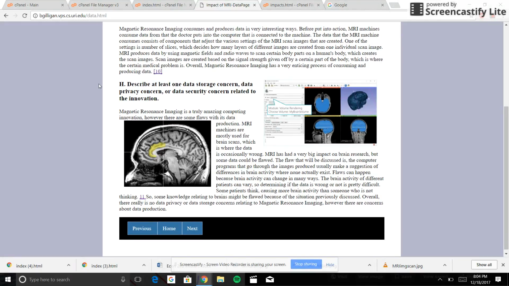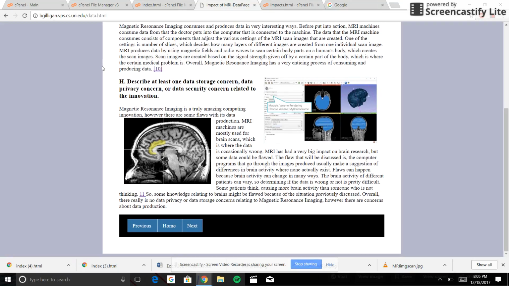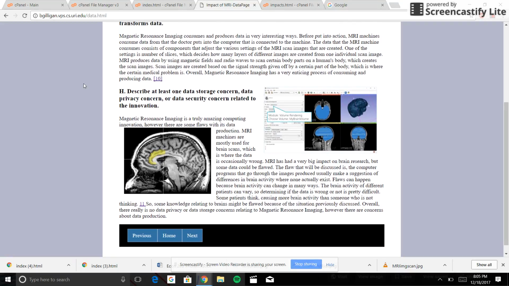The data the MRI machine consumes consists of components that adjust various settings of the MRI scan images that are created. One of the settings is number of slices, which decides how many layers of different images are created from one individual scan image. MRI produces data by using magnetic fields that can scan for the part of the body and take a picture of that.